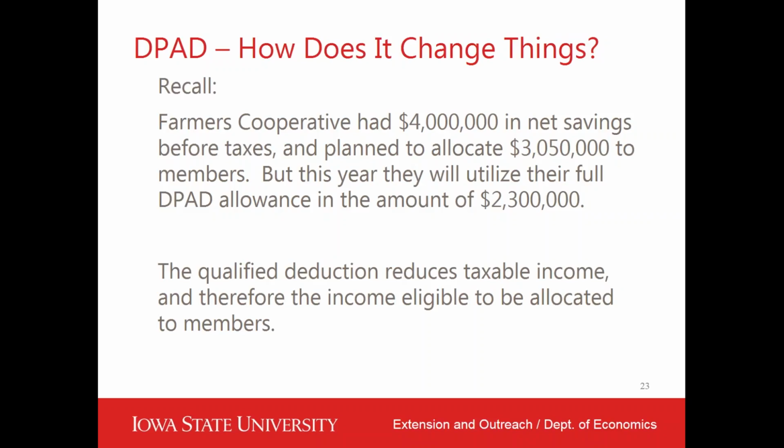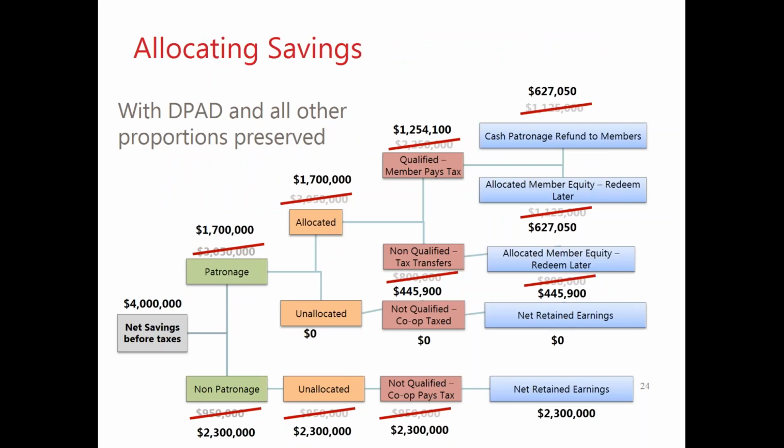So if we go back to this Barton savings distribution tree, and I preserve all the other proportions that were set up initially, with 50% cash, 50% allocated equity, keeping the same proportions of the local savings generated versus regional, you can see the impact this has. Taking the DPAD deduction at the co-op level reduces the amount that qualifies for pass-through to the members.